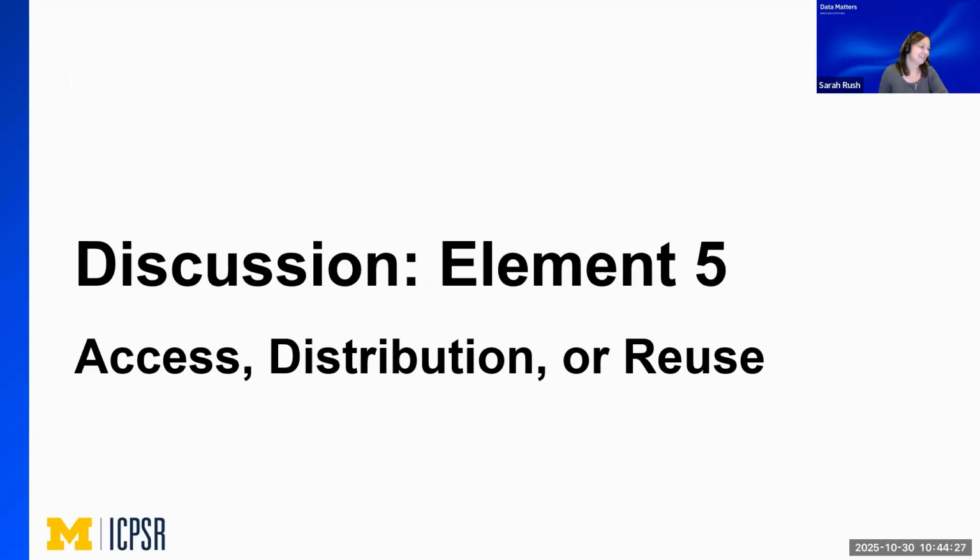So when we're talking about consent, things like that for access, distribution, or reuse, we saw first that these are very detailed demographics and very vulnerable populations that we're dealing with here. So referencing and making known IRB statements, things like that.